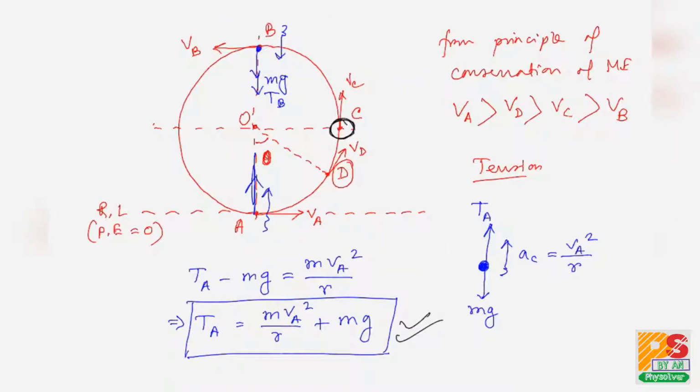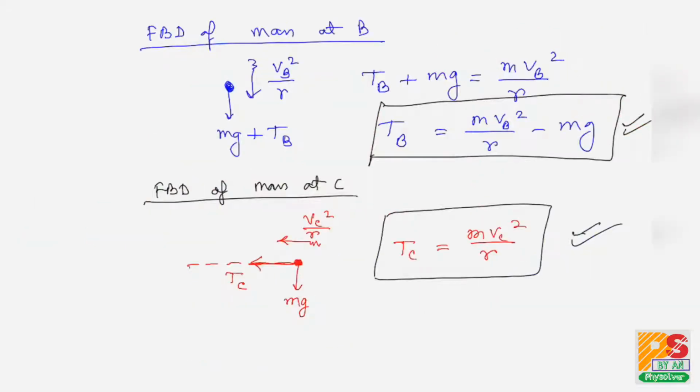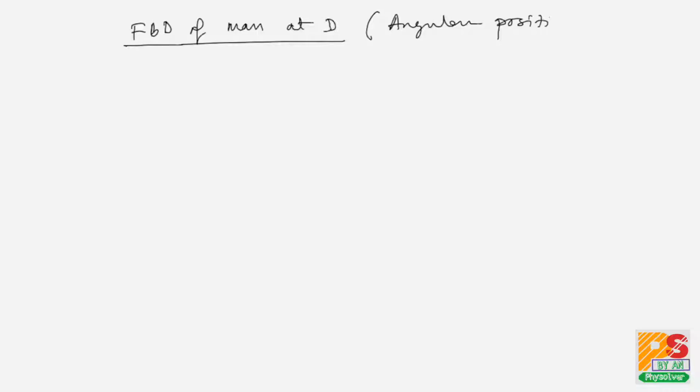Now we will analyze the formula of tension at any general point D. I again say that OD is making angle theta with the vertical line OA. So proceeding to the next slide, FBD of the mass at any general point D. You can say at D the angular position is theta with vertical.